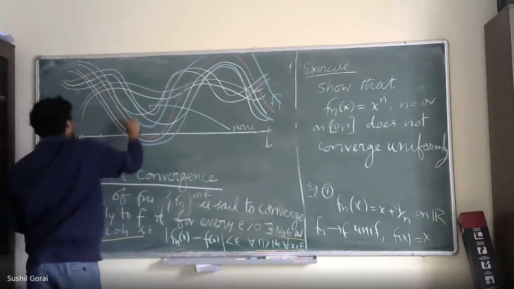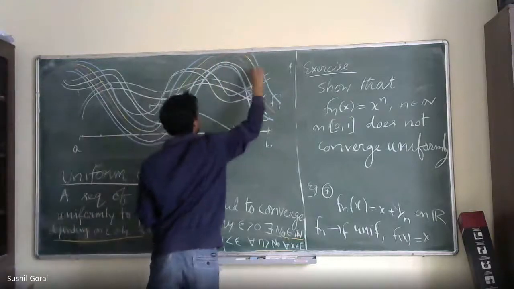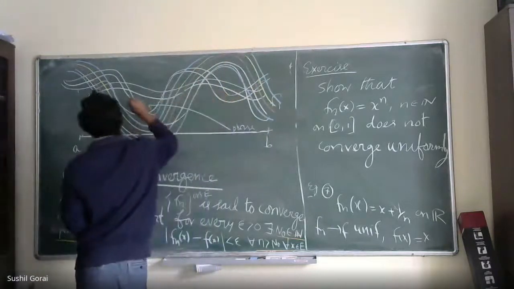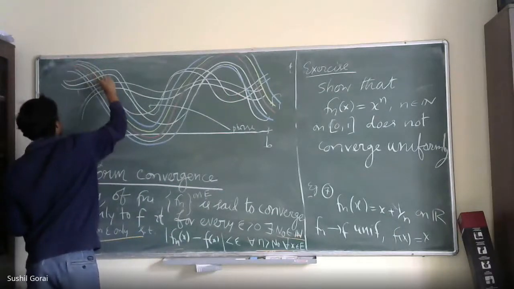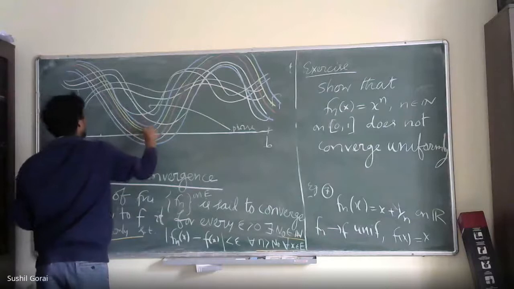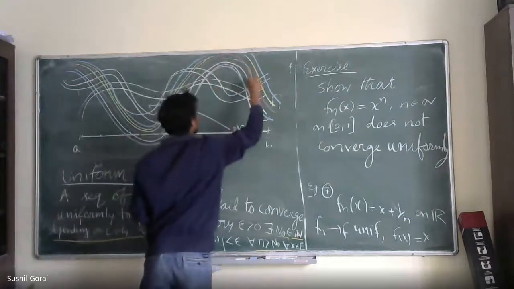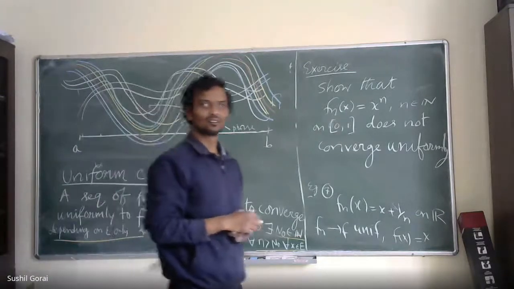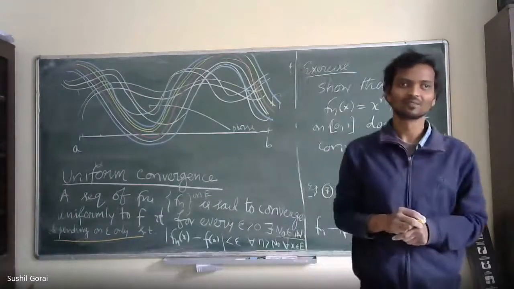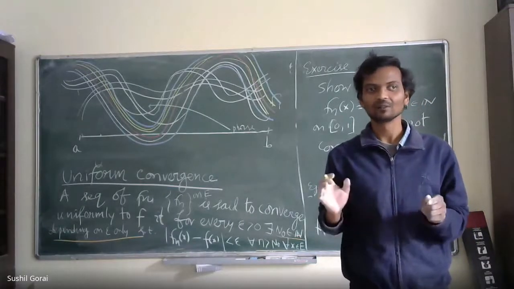In case of uniform, the whole graph must lie in it, and in pointwise you might not get the whole graph lying in the neighborhood. Do you see the difference?